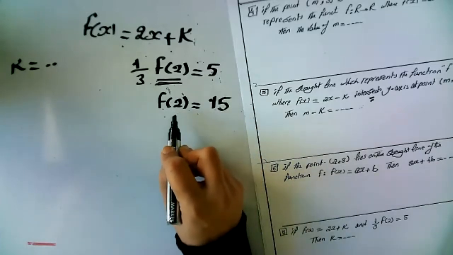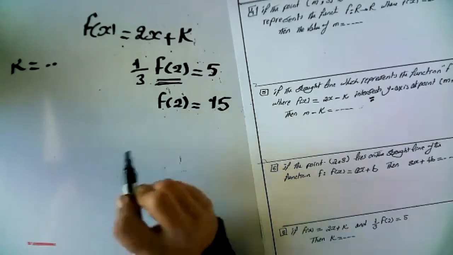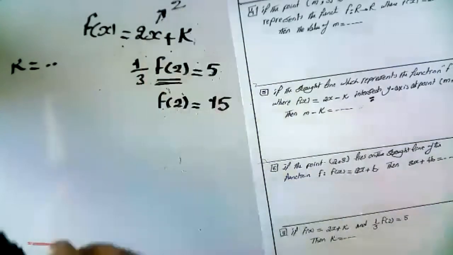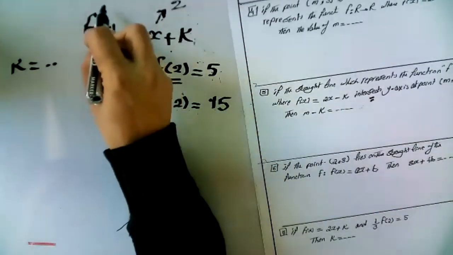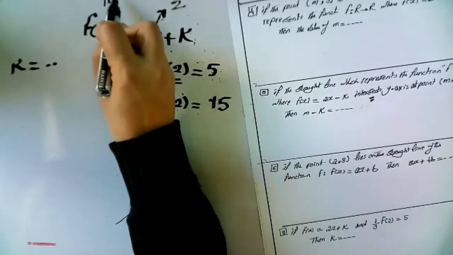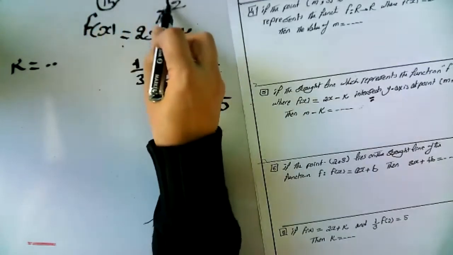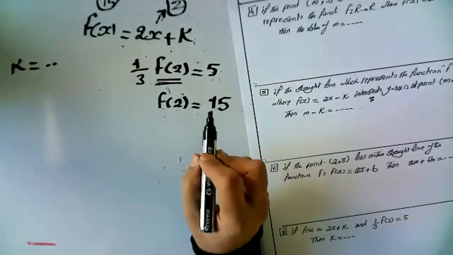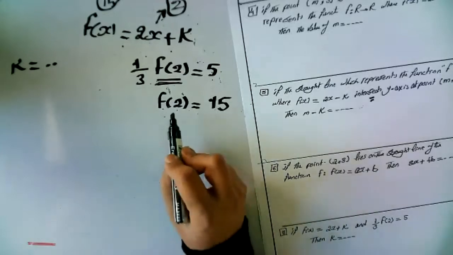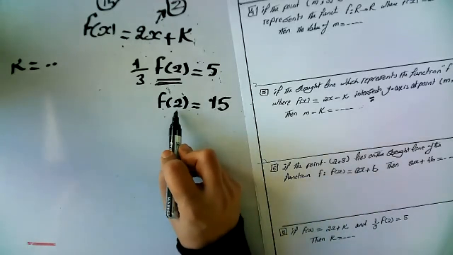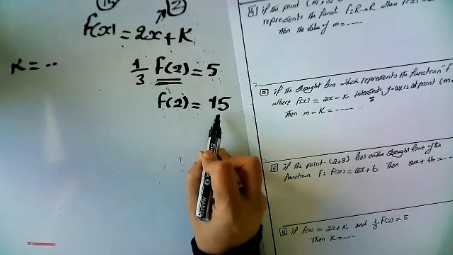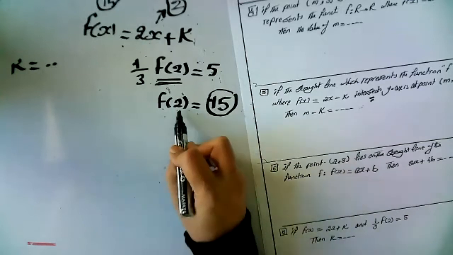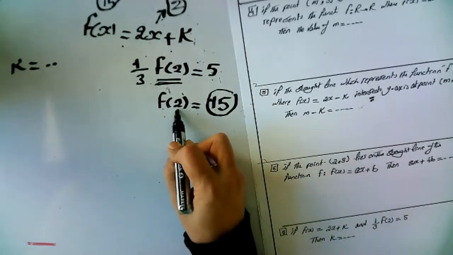This means that we are going to substitute x by 2 and f of x by 15. This is the value of f of x, and this is the value of x.